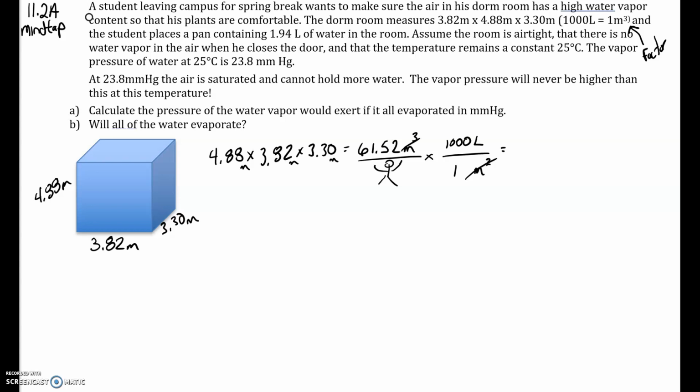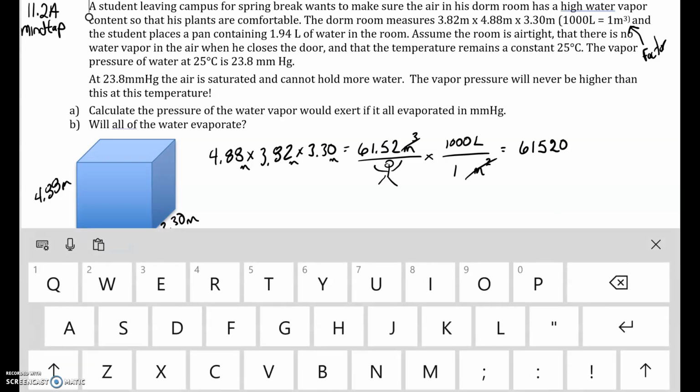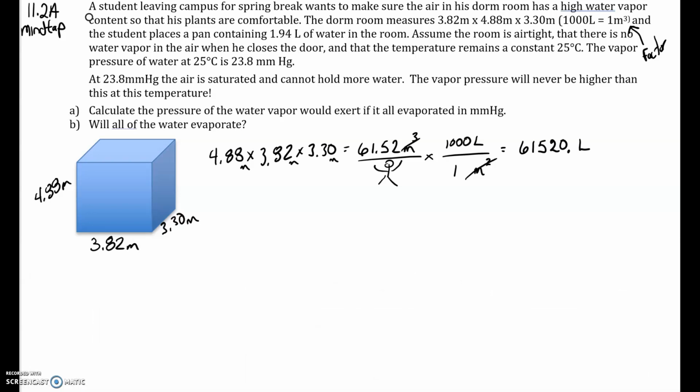My cubic meters cancel, and I've got units of liters. I multiply by 1,000, which essentially moves the decimal place to the right 3 places, so I get 61,520. liters. So this is the volume of the room.